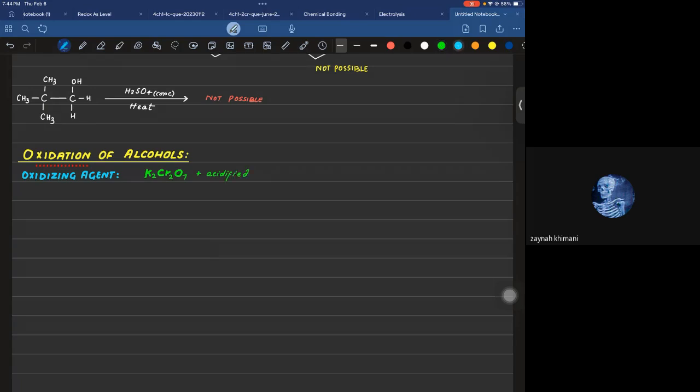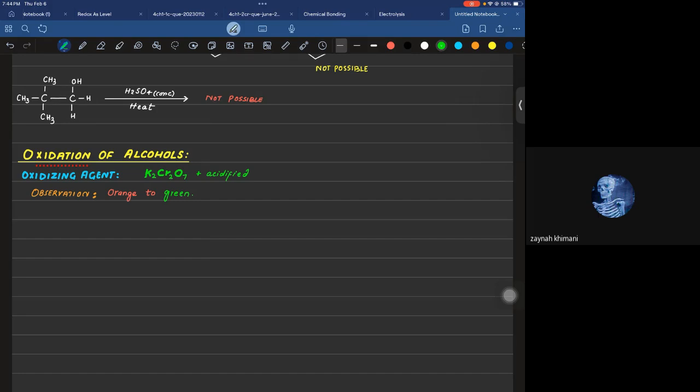What would be the observation if you are going to use this? Observation would be orange to green. If your oxidizing agent has changed its color, it means the reaction is done.